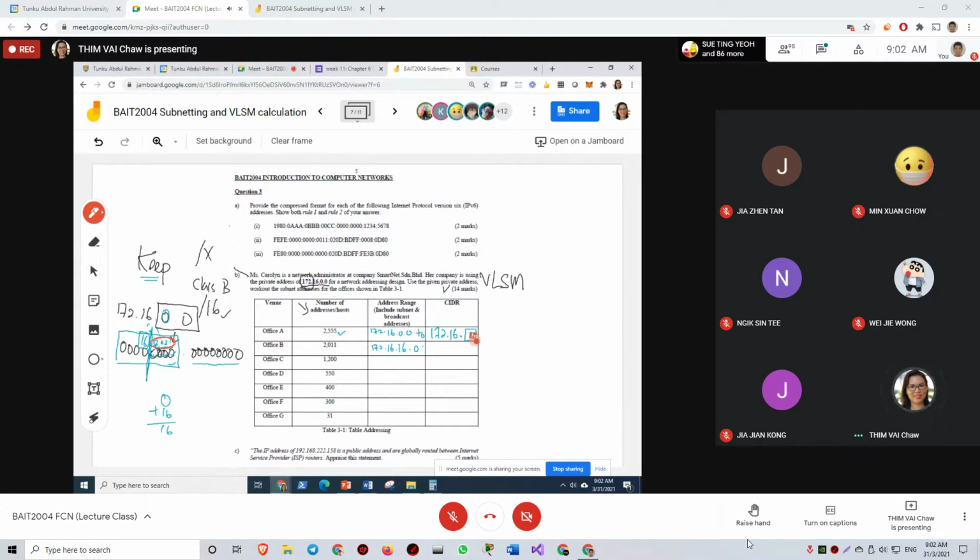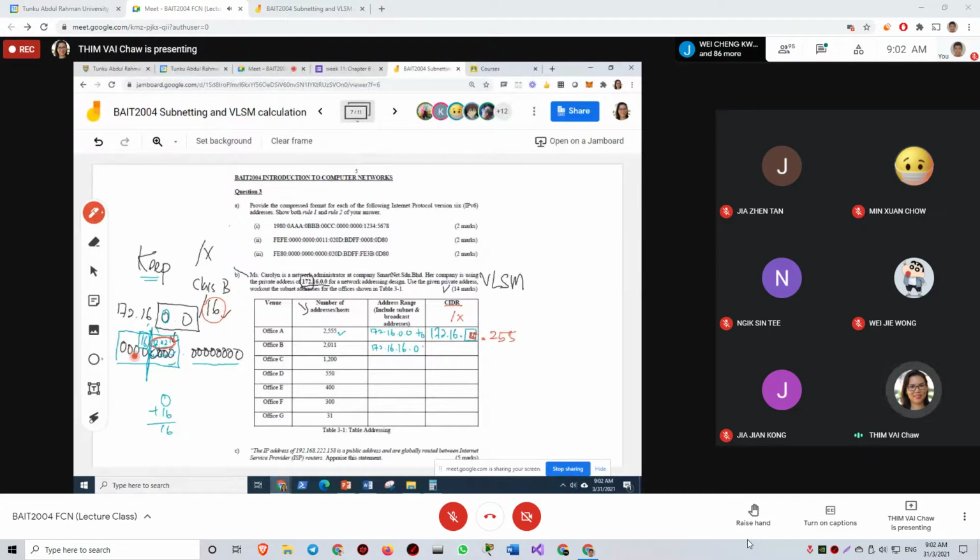So then for the broadcast address, the host portion bits are all set to 1. That's why here is 255. And what is the prefix length? Remember, CIDR refers to the prefix length. So the prefix length over here, originally is 16.